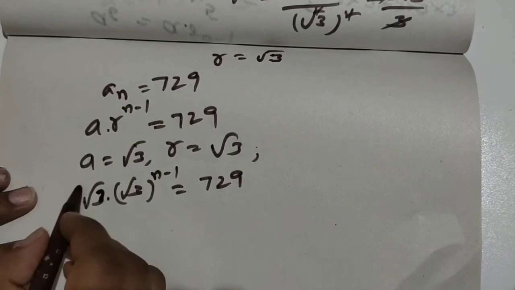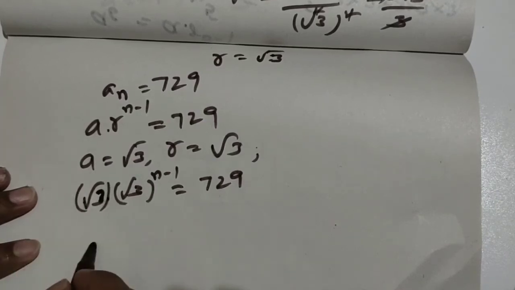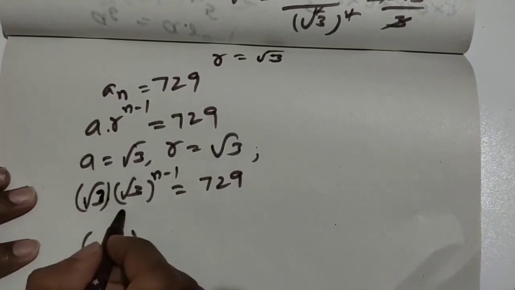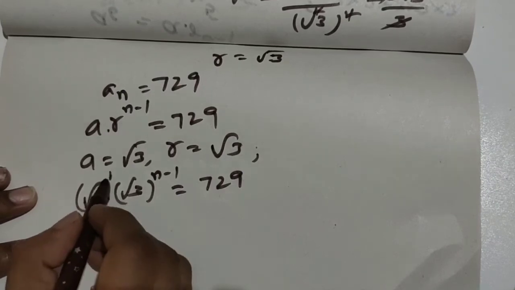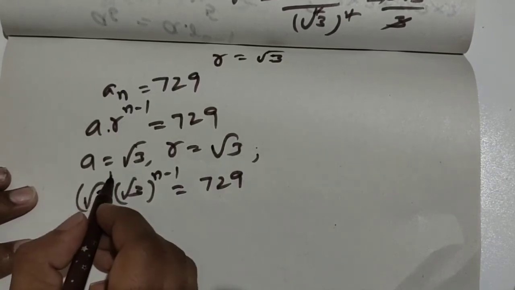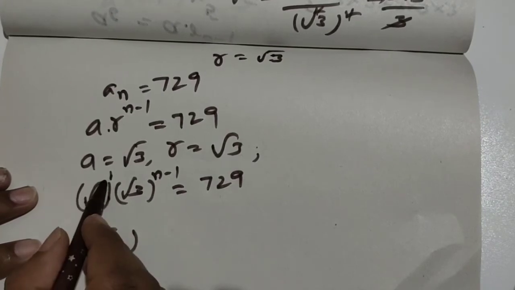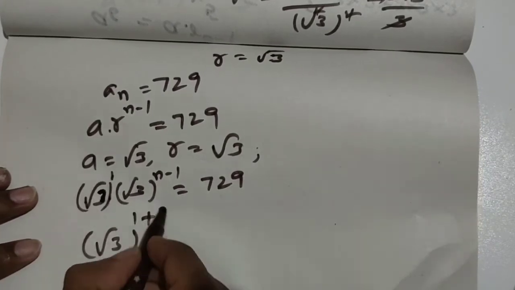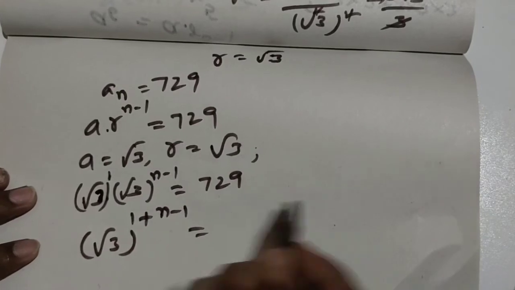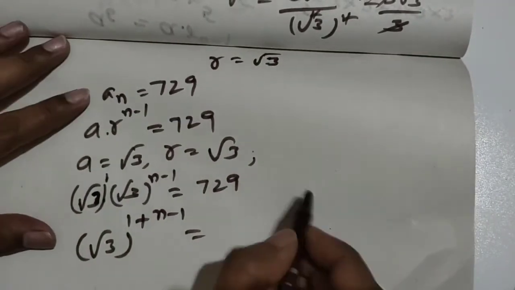Here again root 3 is the common base, so we can write it as root 3 to the power of, if bases are equal, powers should be added. So root 3 is nothing but root 3 power 1, so root 3 power 1 plus n minus 1 equals 729.